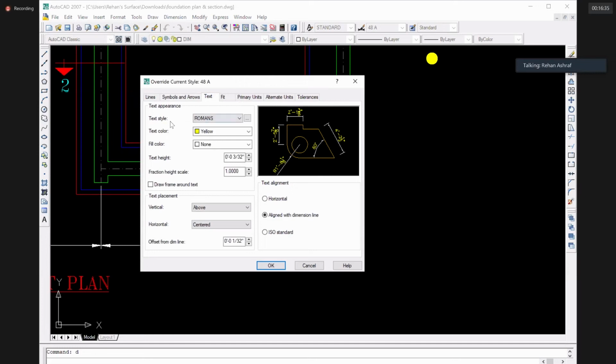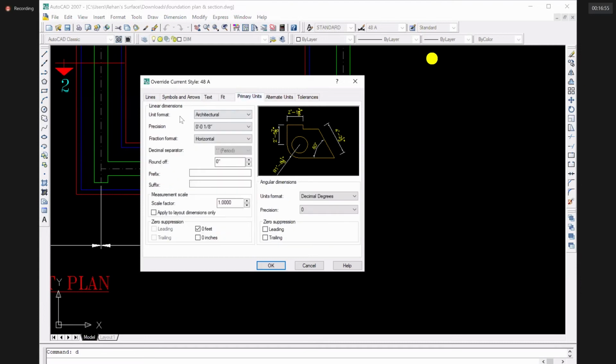Now text. Color would be dependent upon the layer of the text that you have decided. You can keep that color, and you have to set the units over here. Set the units to architectural and the precision of the units as well.